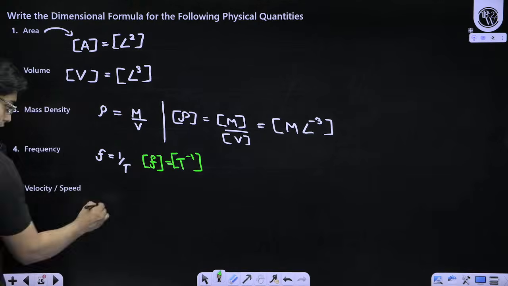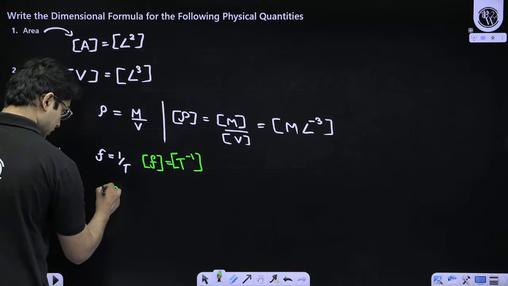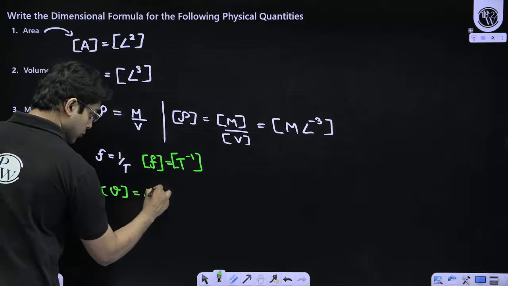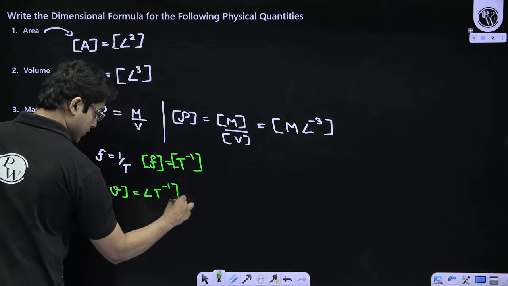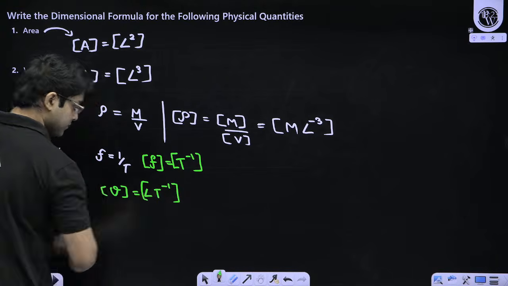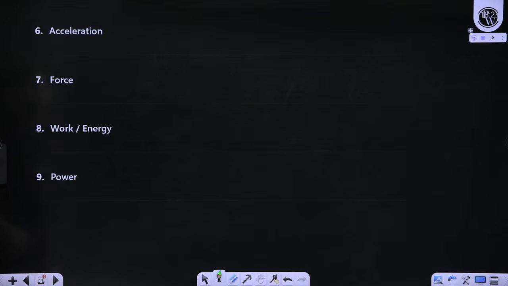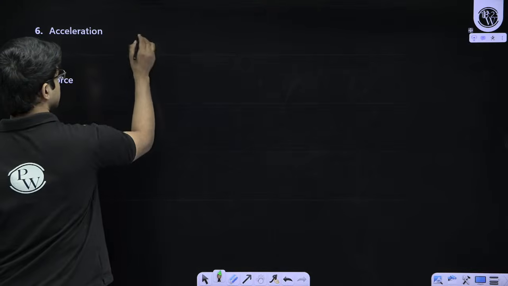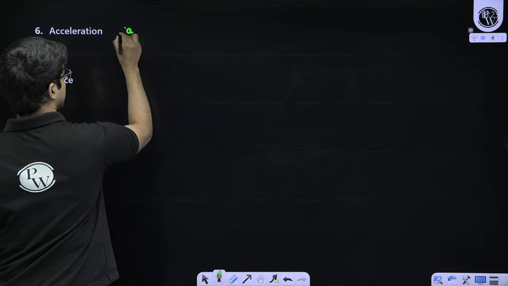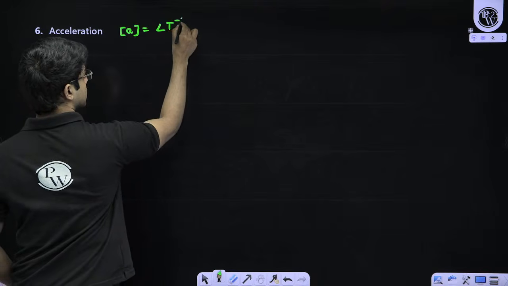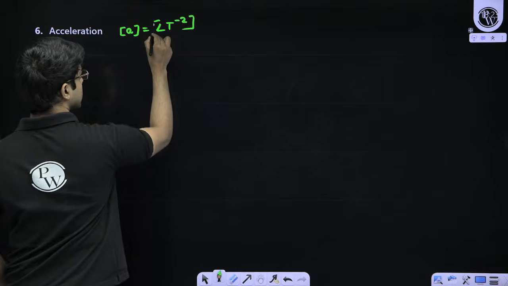Velocity, speed, we already saw. This guy's dimension will be LT raised to minus 1. Okay, so these are some dimensional formulas. What about acceleration? It will be LT raised to minus 2, meters per second square, right?